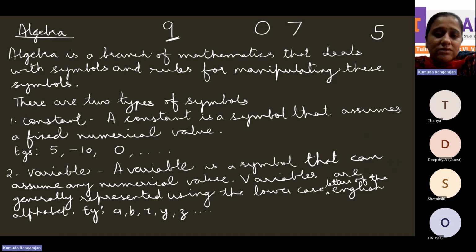What is a variable? A variable is also a symbol that can assume any numerical value.